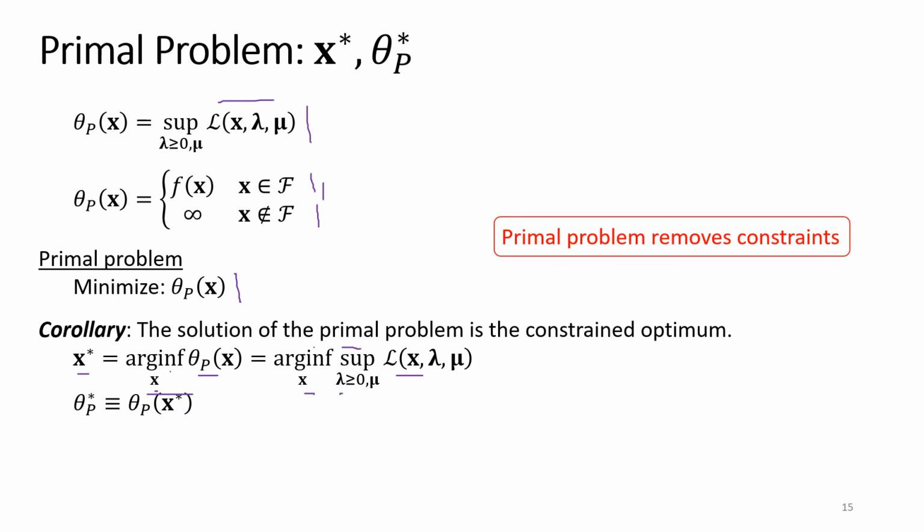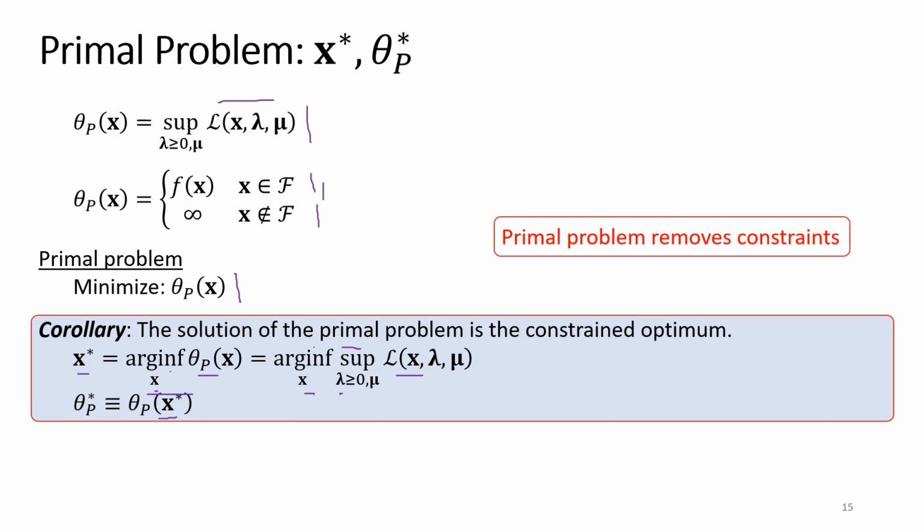In other words, theta p star, let this be the minimum of the primal function, then theta p star is equal to theta p of x star. Let's highlight this corollary.